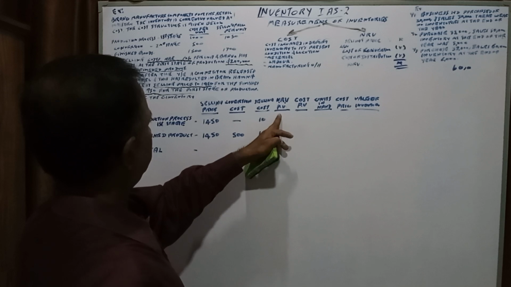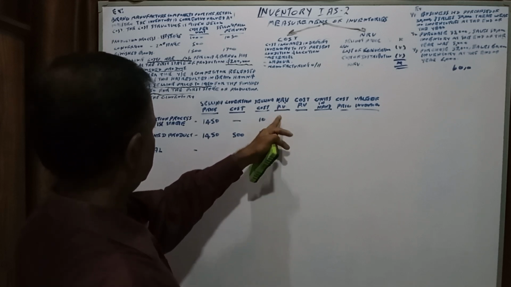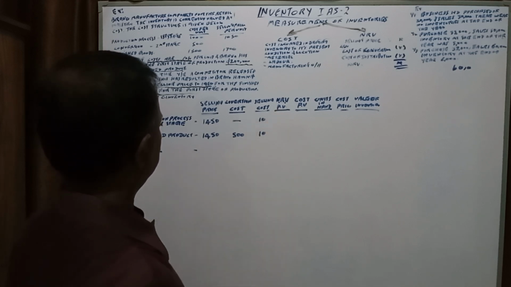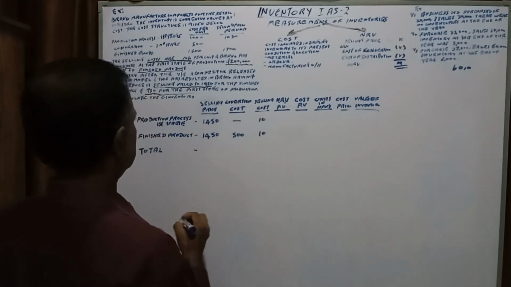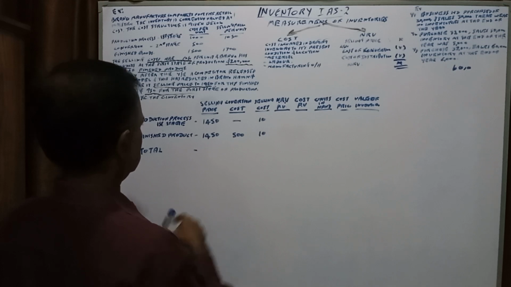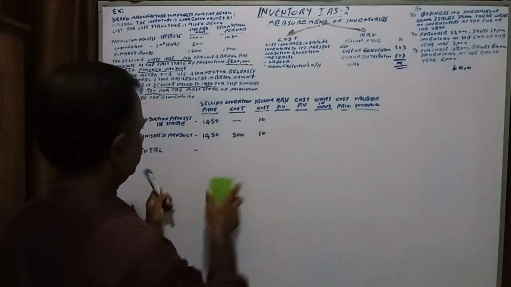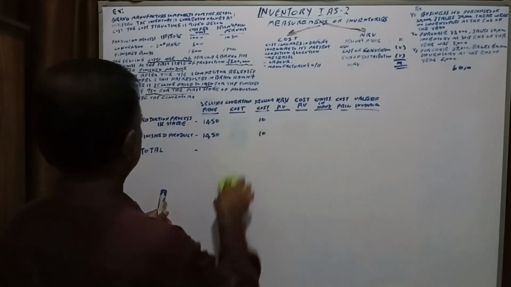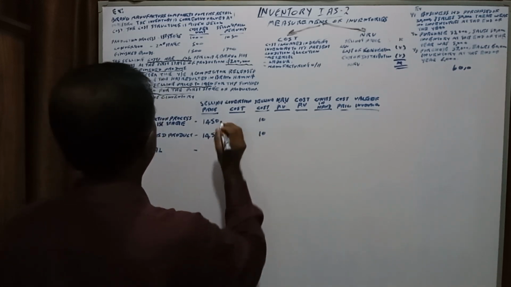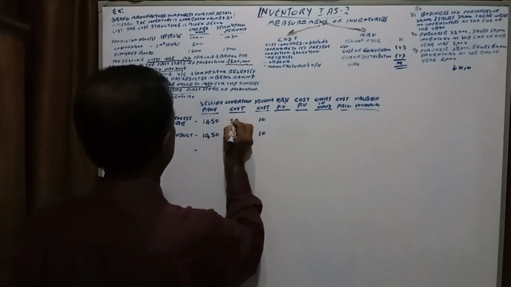What is the net realizable value? Here you have to say 500 conversion cost.